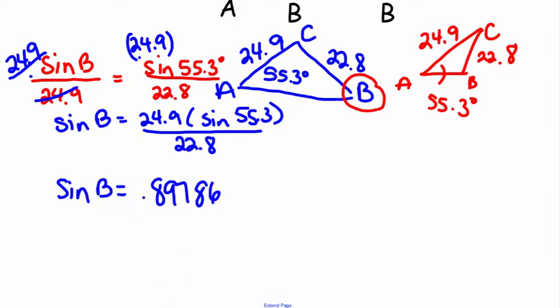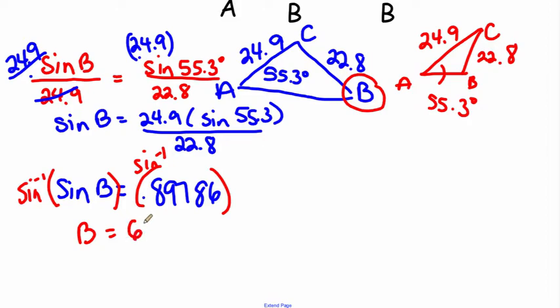But that's the sine of B, and we want B. So to undo sine, we do the inverse sine. And when we do that, we get that angle B is 63.9 degrees. That is if B is our acute angle here.